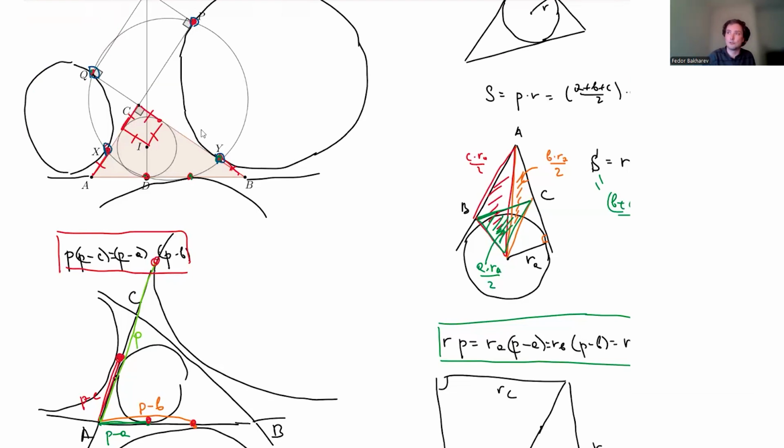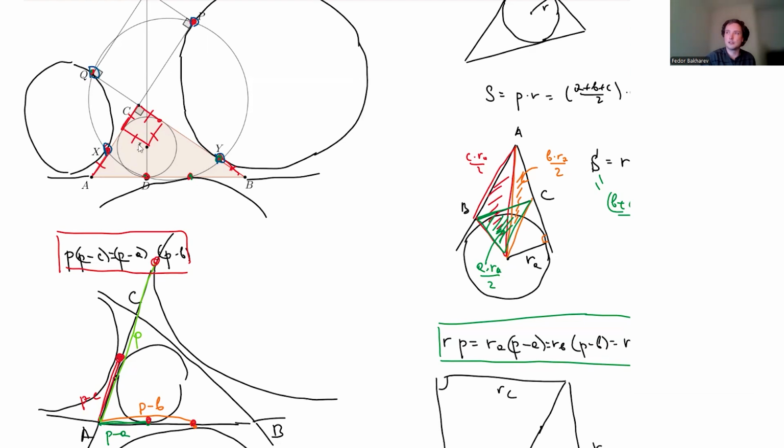So you should calculate here the power of the point C. You will find at the end of the day that 6 tangency points lie on a circle. And now the only thing that is necessary is to show that these points P and Q are the same as the tangency points.